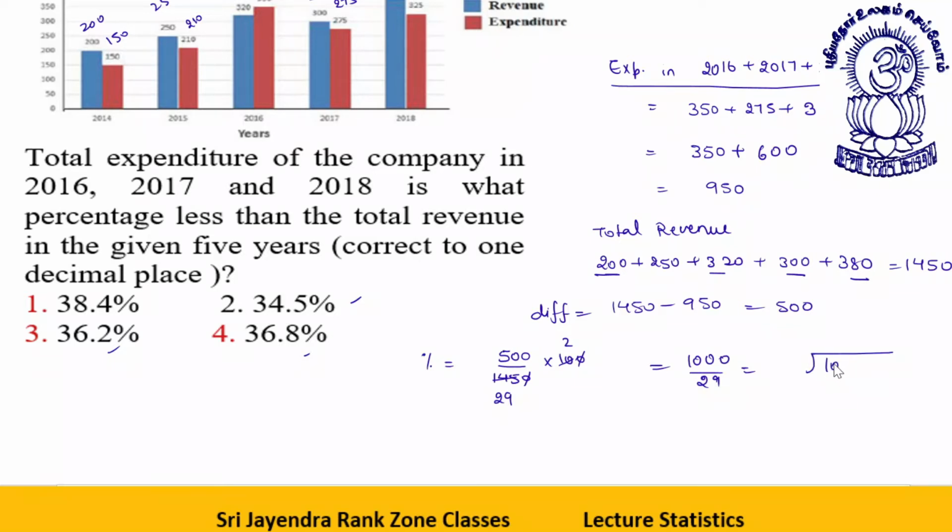This is 1000, here I write 29. I divide this by 3, this is 87, and 13 is remaining. Then 29 into 4 is 116. So your answer is 34 point something. There is only one such option. Okay, dear students, which is the answer? Option number 2, which is 34.5%.